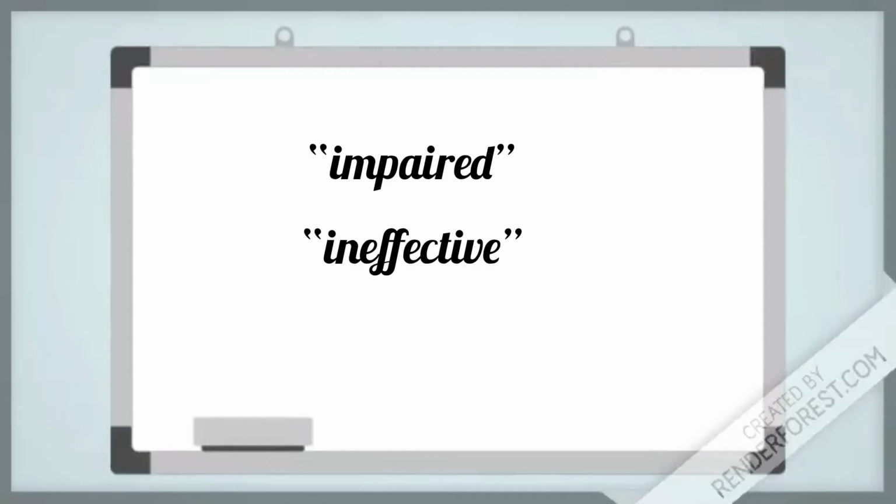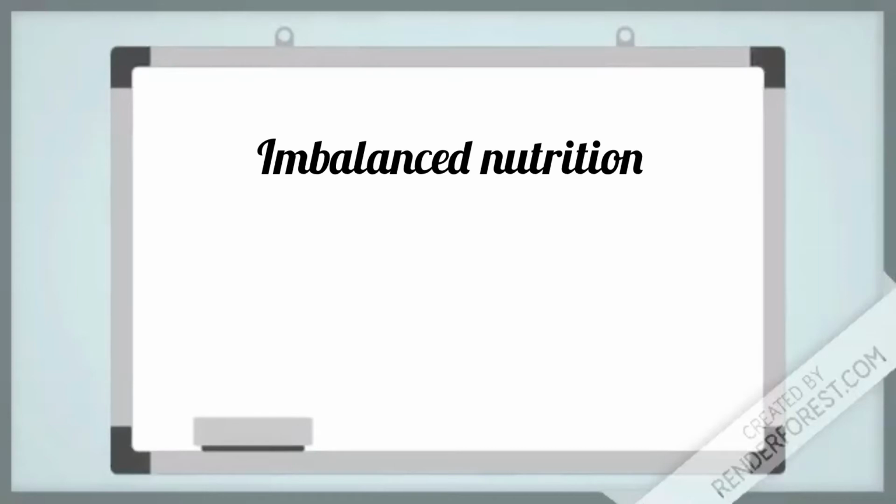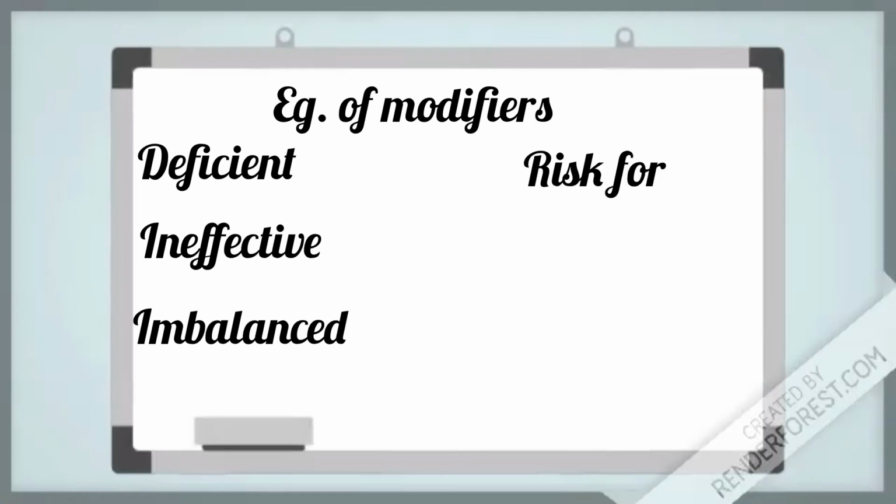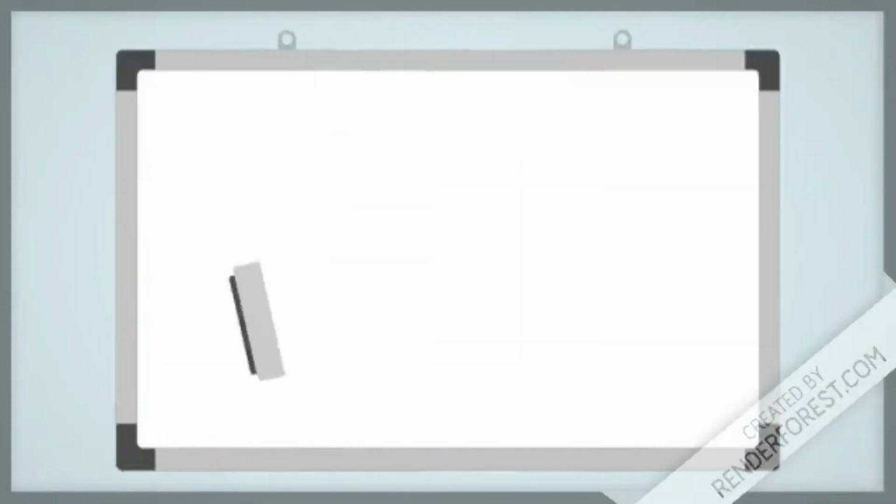So a patient with nutritional deficiencies, we're going to go with imbalanced nutrition. The imbalanced becomes the modifier. That is the A part. So examples of qualifiers or modifiers, we have deficient, we have ineffective, we have imbalanced, we have risk for, and then we have impaired. Then the B part of the problem is the problem focus itself.